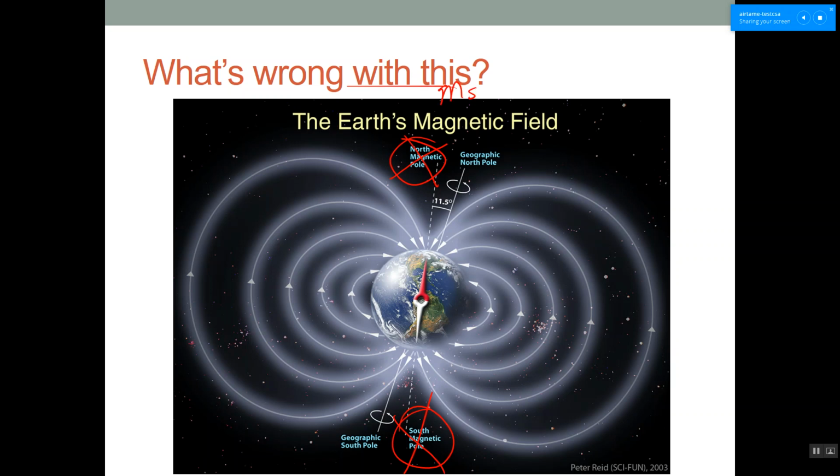I'm going to call it south sub M, and this is going to be magnetic north, which is north sub M. It's very different from the geographic north and the geographic south, just even in its position. Look how far they are from each other on the planet.